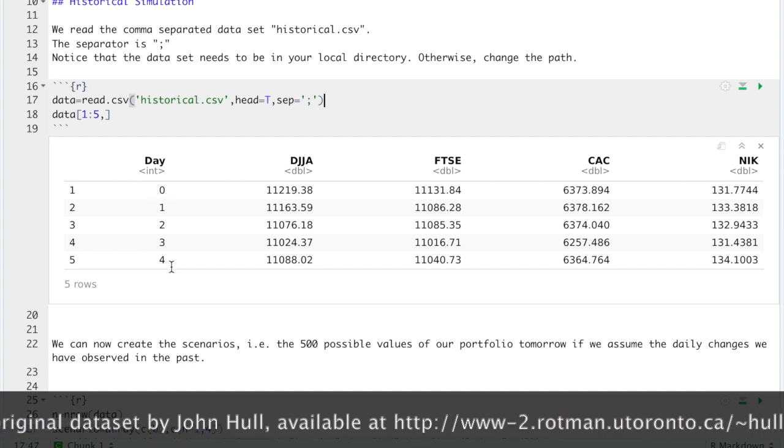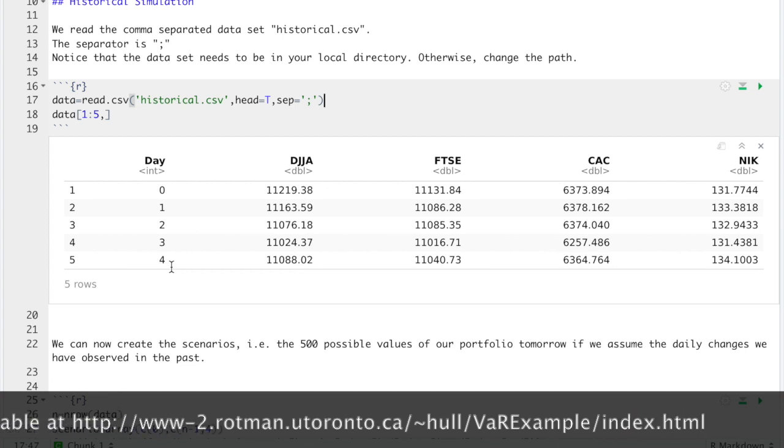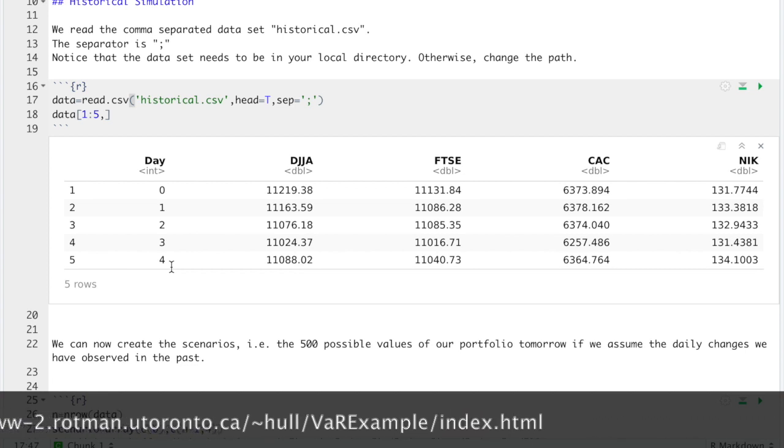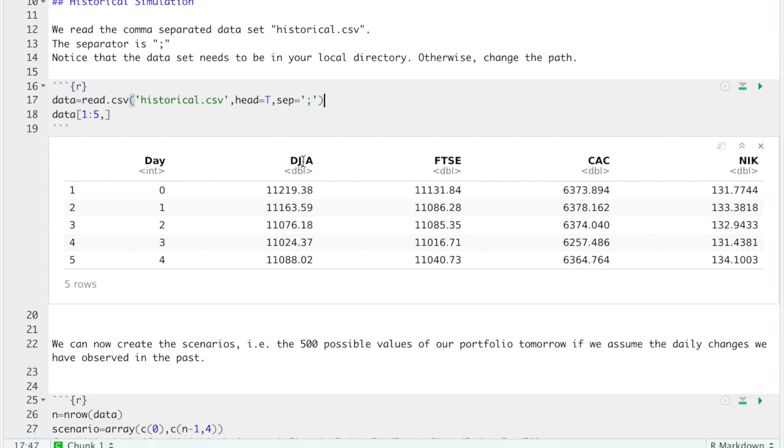You can imagine 501 because we want to generate the standard 500 scenarios, and for the different days, what do we have? We have the value of four important indexes: the Dow Jones Industrial Average, the FTSE 100, the CAC 40, and the Nikkei, because these are the constituents of our portfolio.